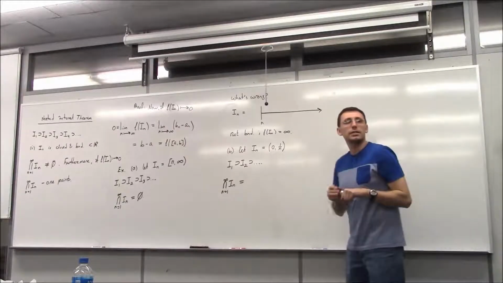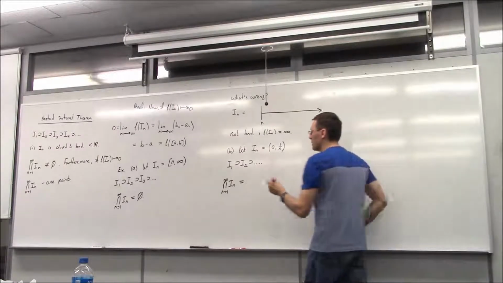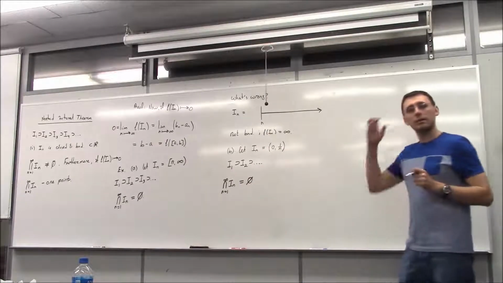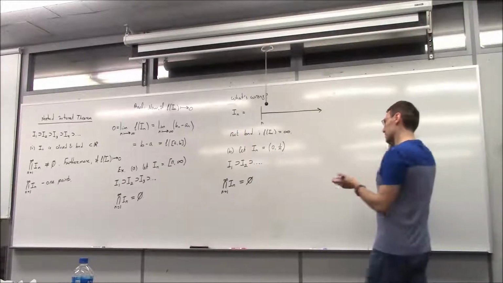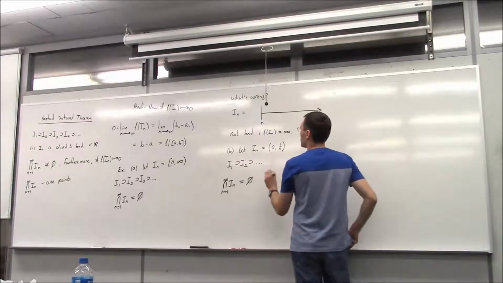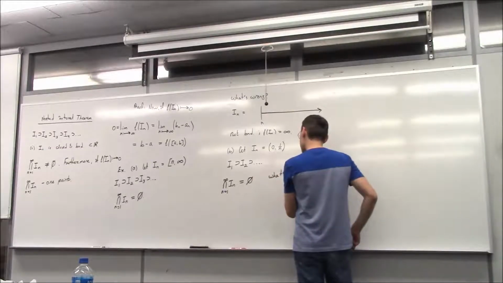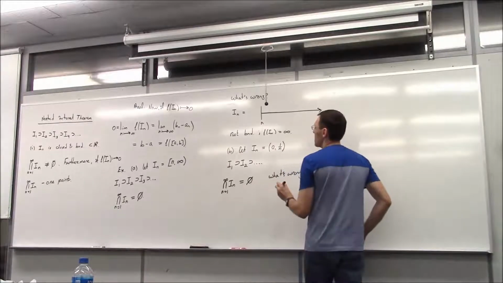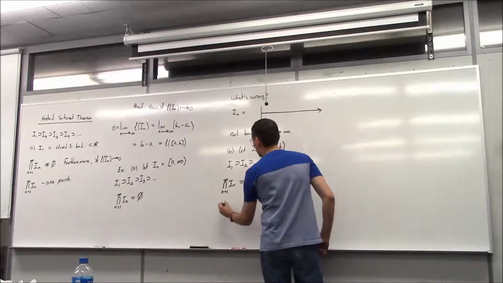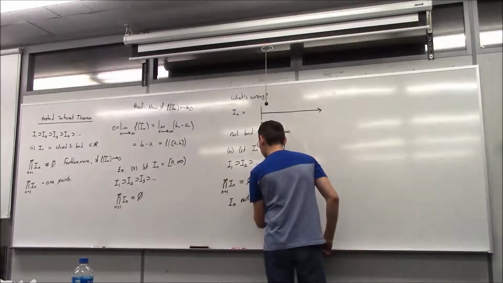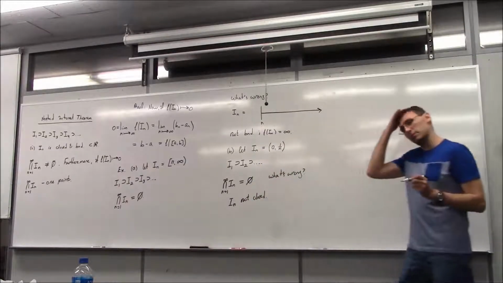So the intersection is very clearly, again, the empty set. What's wrong? It's not closed. So you can say that In is not closed. You see it's bounded, but it's not closed.